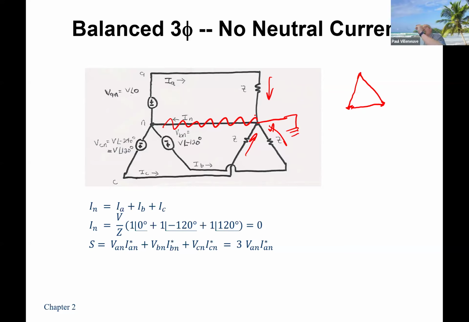But phase B is also phase shifted by that exact same amount, as is phase C. So any one of these 3, I can use to calculate what my total power is. And that's what we do. And you'll see this last equation over there, S equals 3 times VAN times IAN conjugate. You just as readily could have said it was 3 VBN times IBN conjugate, or 3 VCN times ICN conjugate. Any one of those will give you the exact same result.